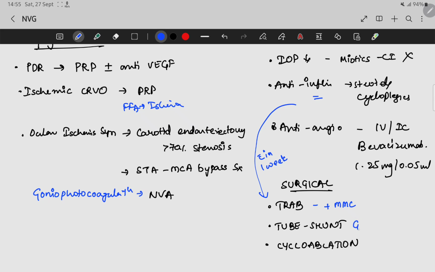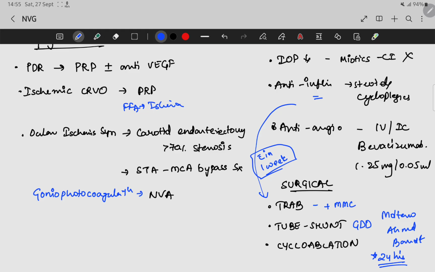Tube shunts or glaucoma drainage devices include the Molteno implant, Ahmed glaucoma valve, and Baerveldt implants. The use of anti-VEGF agents is recommended at least 24 hours prior to the surgery. So within 1 week for trab, and for tube shunts within 24 hours we should plan.